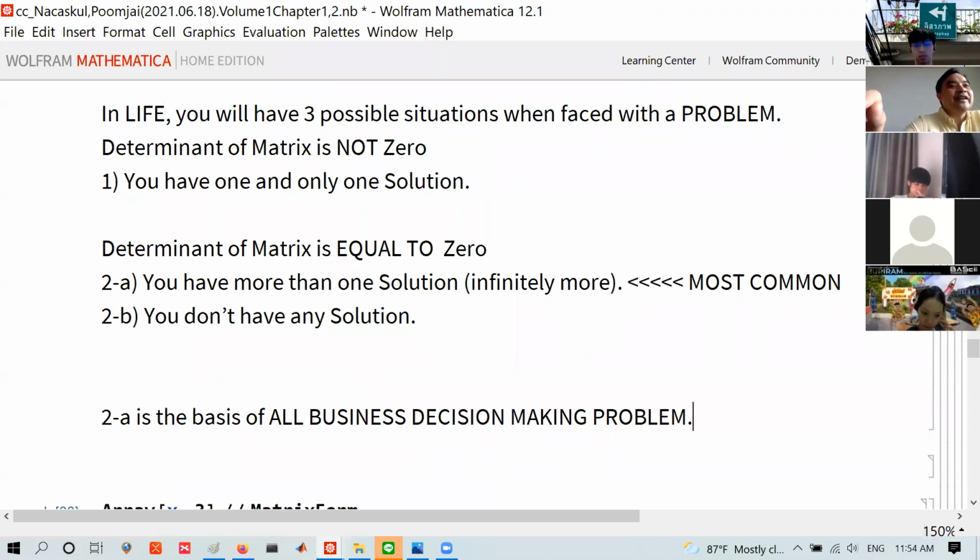In a business situation, if you only have one solution, you don't have to decide. It's mandatory. You don't have any leeway. If you don't have any solution, you also don't make any decision because there's no way out. Business decision making is based on the premise that you always have more than one solution.